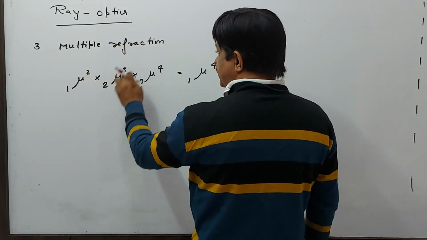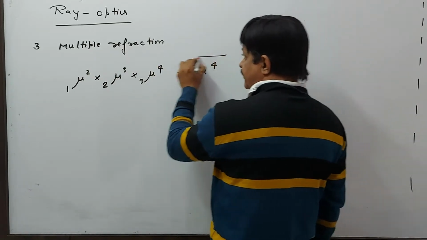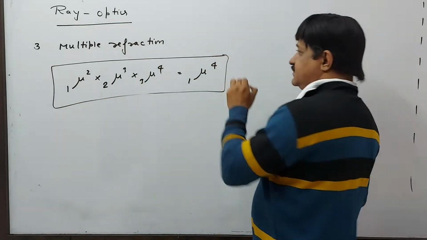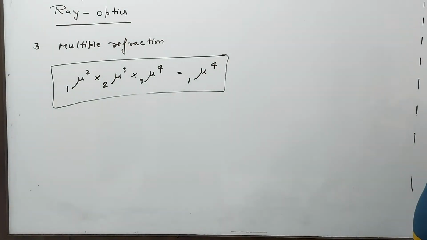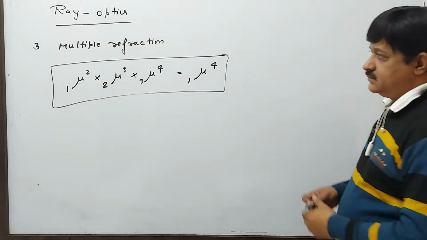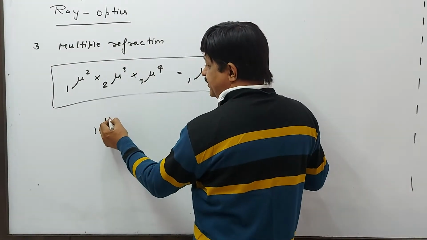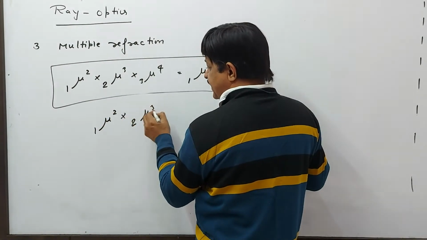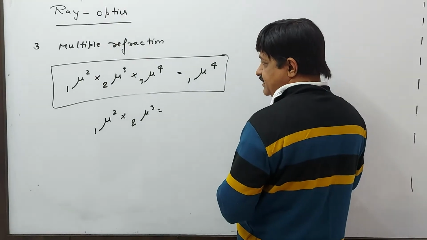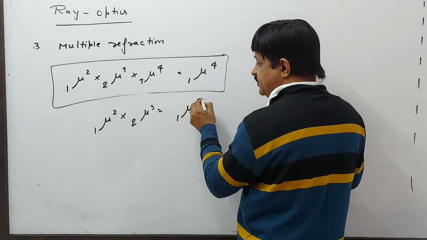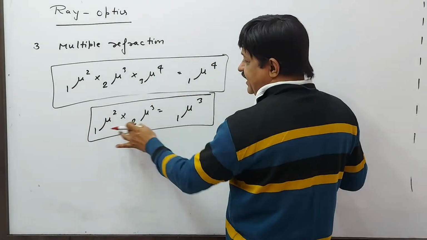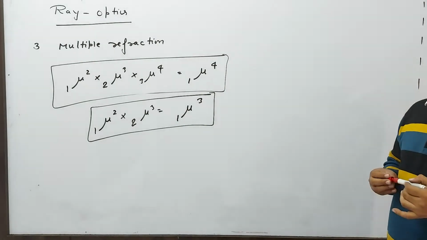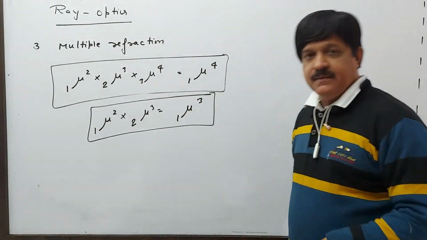So 1 mu 2, 2 mu 3, 3 mu 4 is always equal to 1 mu 4. Like this, 1 mu 2, 2 mu 3 can be written as 1 mu 3. Now if any one in between is missing, you can calculate it easily. So for numerical purposes, this result is really very important.